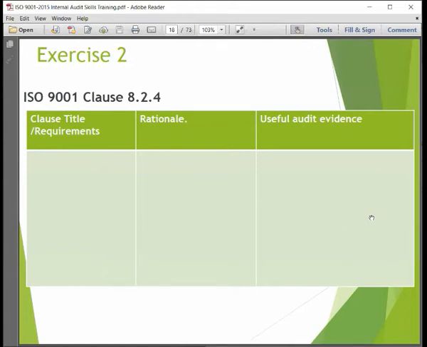So what I think that particular clause is about, I think for every product and service, for an organization to be able to deliver quality to a customer, it needs to understand the customer's requirements for a particular product or service. Let me give an example. Let's say one of the interested parties is the taxman. One of the products which you usually deliver to the taxman is tax returns.